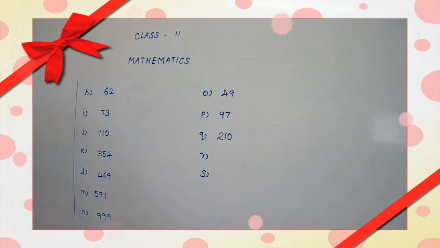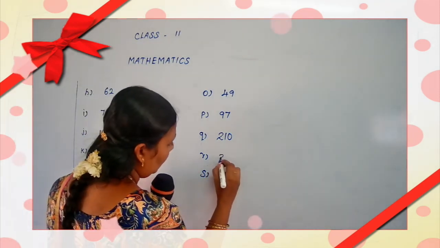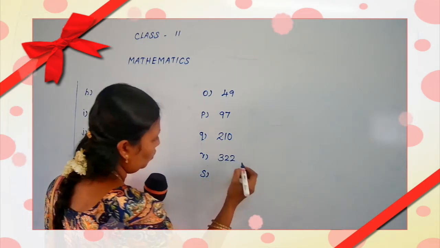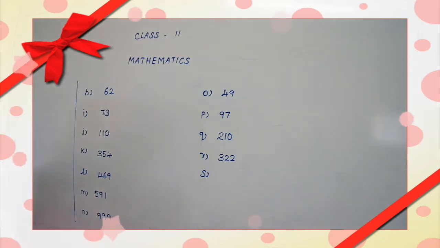The number between 321 and 323 is 322. See the next one.